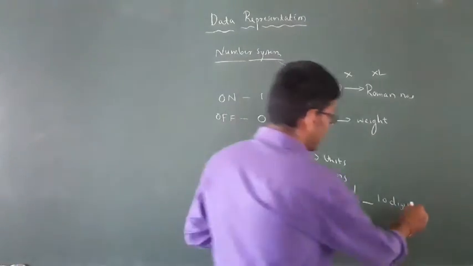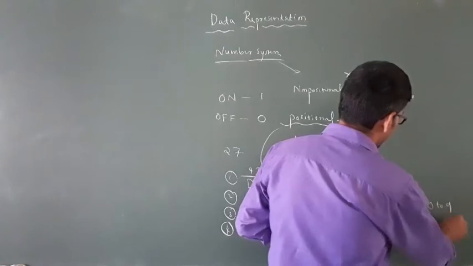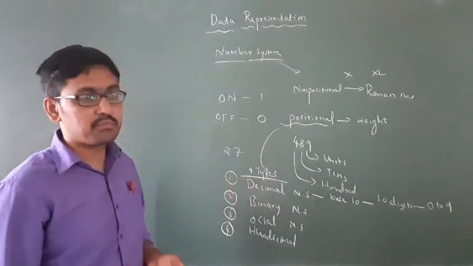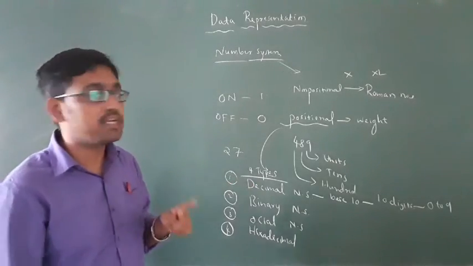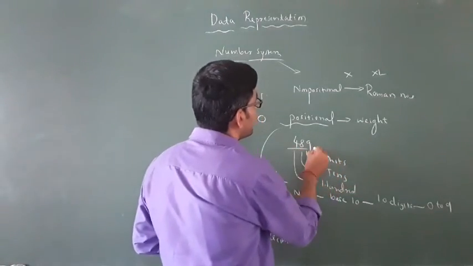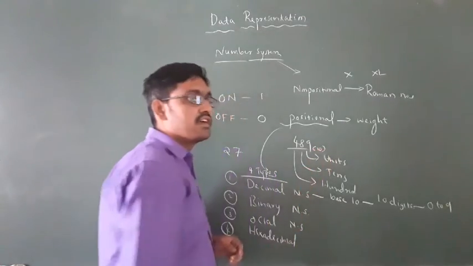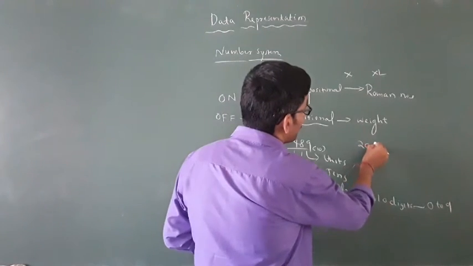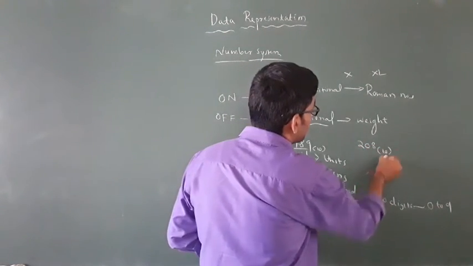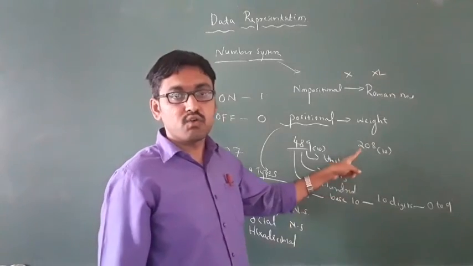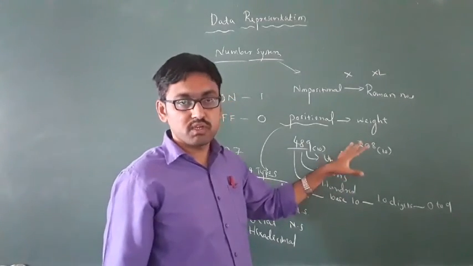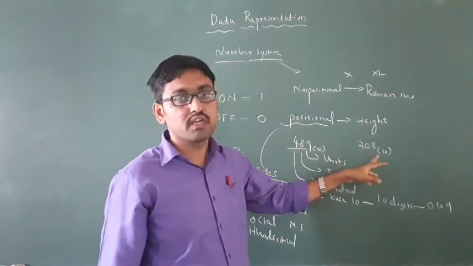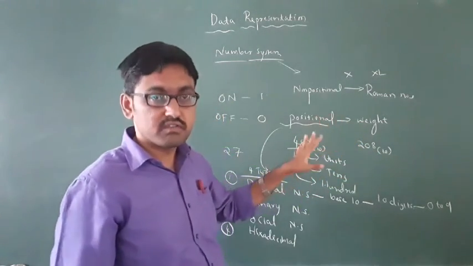For example, 489 is a decimal number. Also 208 is a decimal number system because it includes numbers from 0 to 9 only.